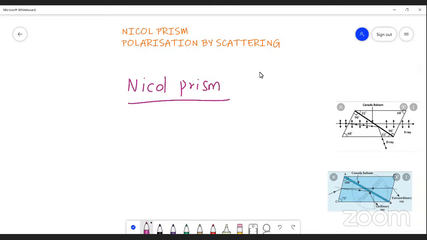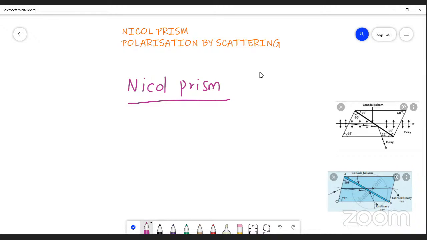What is a Nicol prism? The Nicol prism is an optical device which changes unpolarized light to polarized light, which means unpolarized or ordinary light into plane polarized light or completely polarized light.